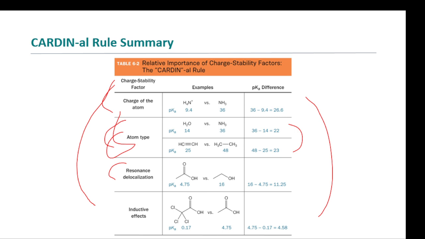Okay? Then you have the inductive effects. These can add up. You can actually get them to add up pretty significantly. But individually, the inductive effects are going to be your smallest ones. Okay? Is the atom type influenced by stuff like electronegativity? Yep. That's actually one of the biggest causes of that.